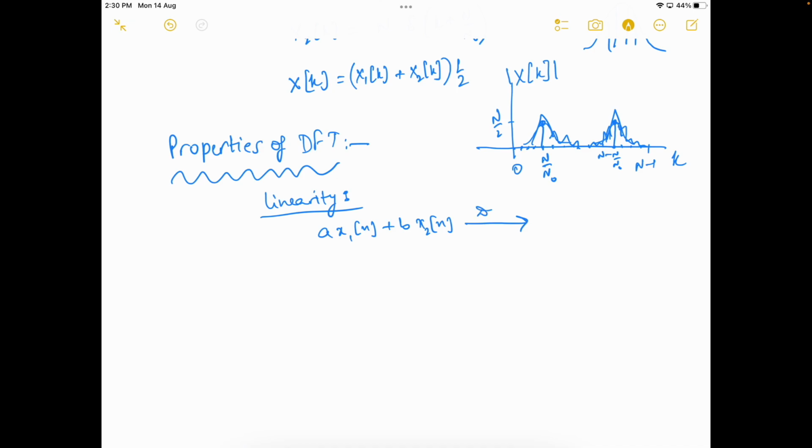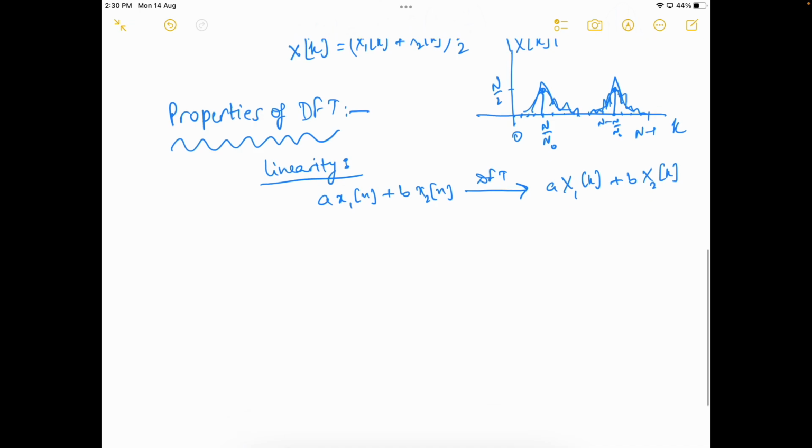Then their DFT will be, let's assume that x1k is the Fourier transform of x1n, A times x1k plus B times x2k.